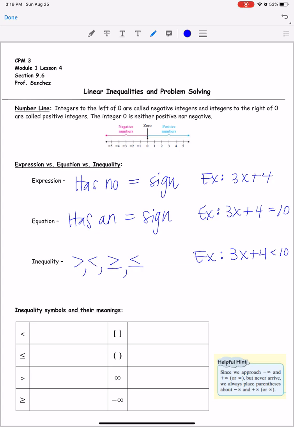If you look at these two right here, use them as an arrow. They're pointing this way, to all of these negative numbers. And so this is your less than, and this one is your less than or equal to symbols.